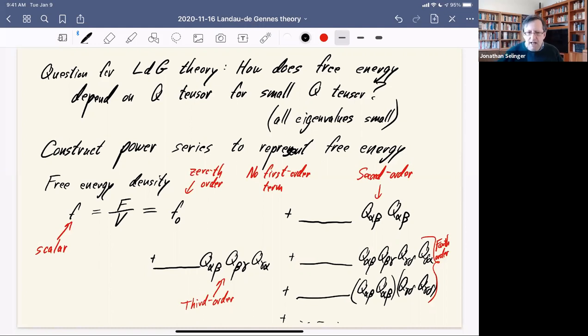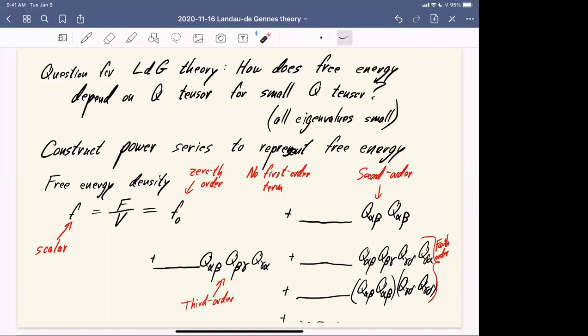And we're making the assumption that the order parameter is small, so that we could write the free energy as a power series in the order parameter. And that will make it a nice smooth function, even when the order parameter changes from 0 to something non-zero. So this is how we got started with that.